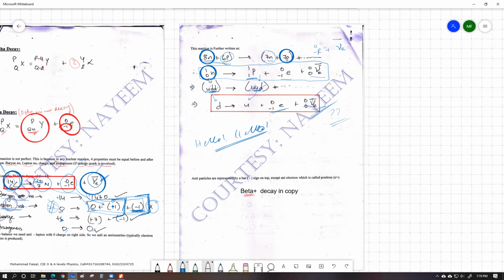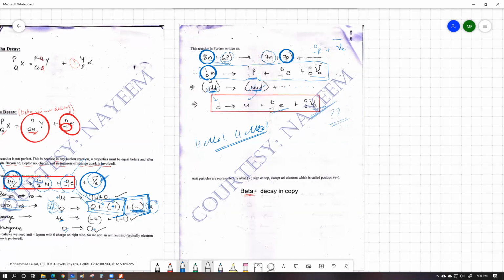This was the nuclear reaction using the nucleons, the entire nuclide notation. So this was a more macro scale. Then we got rid of the extra proton and neutron, and we could write the equation also in terms of neutron and proton only. And then if we break down the neutron and proton into their quark structures, up down down and up down, then we can get to this final stage.